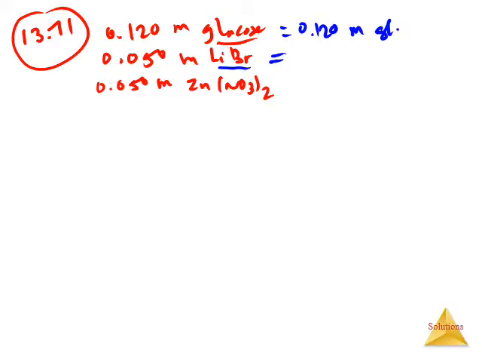If 0.050 molal LiBr breaks down, you get 0.050 molal Li+ and 0.050 molal Br-. So altogether you'd have 2 times 0.050, and that gives you 0.10 molal particles.